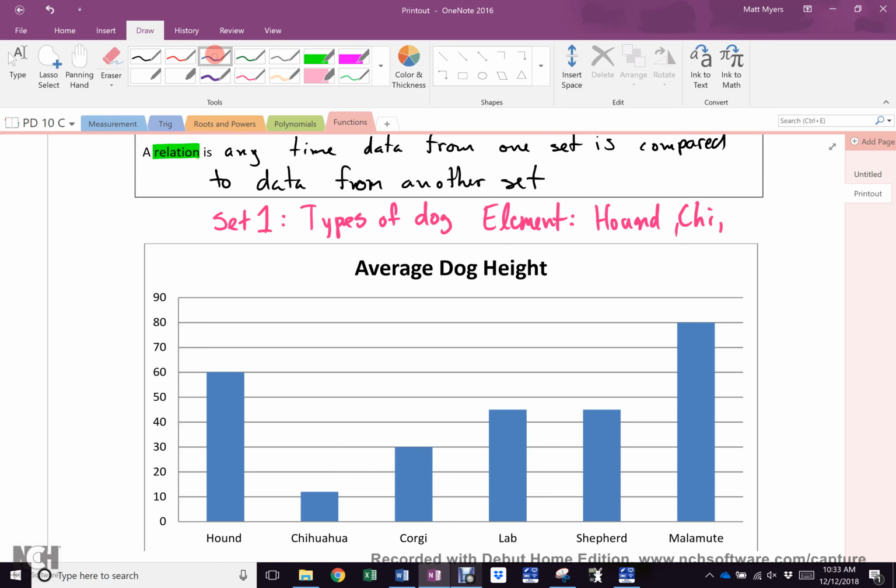What is set 2? And what are the elements? 60, 11, 30, and so on.